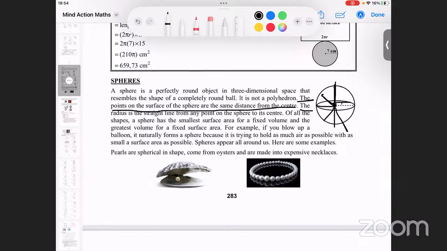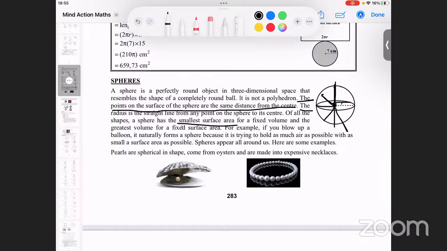They say of all the shapes, a sphere has the smallest surface area for a fixed volume and the greatest volume for a fixed surface area.